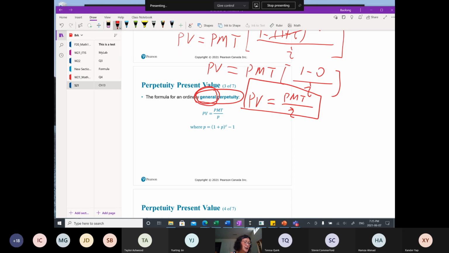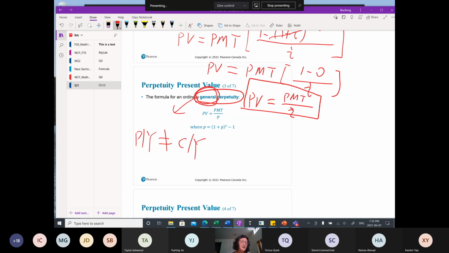Again, you can directly speak up or you can type in your answer in the chat area. Anyone, what does general mean? Different interest and payments. Yeah, casually speaking, Humble, you are correct. So general means PY not equal to CY.